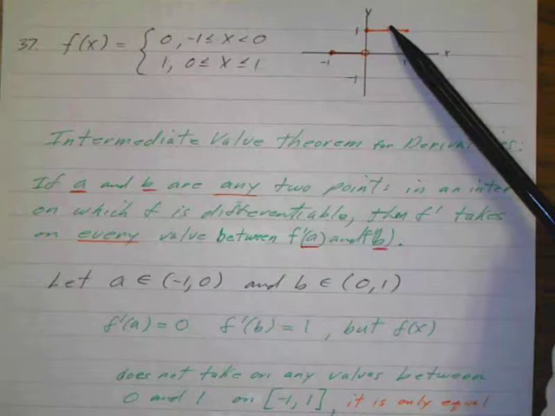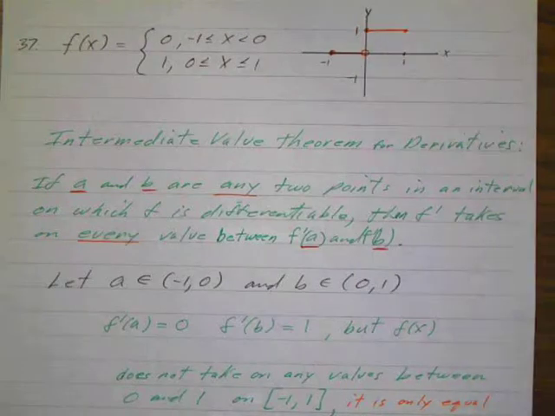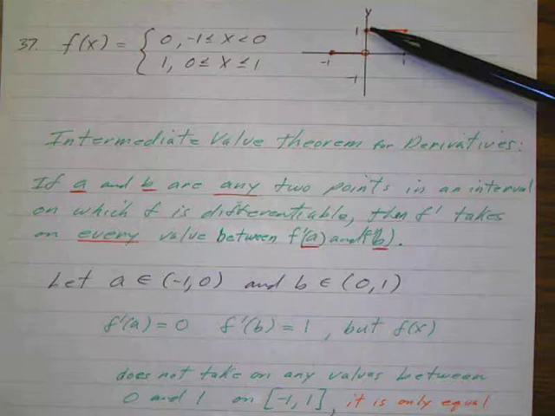And the theorem says that if this was the derivative, it would have to take on every value between 0 and 1. Well, this function only equals 0 and 1. It doesn't take on any value in between 0 and 1.